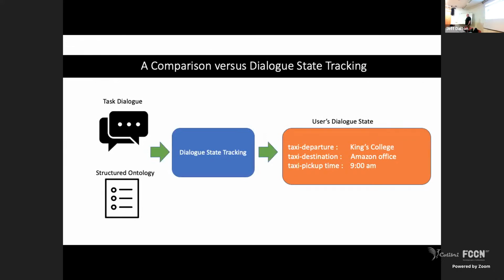I want to contrast that with the state that we don't have in a conversational search system but that you might have in a dialogue system. In a dialogue system, you might have a structured ontology, in this case for taxi booking, and you have frames. So you have a domain, taxis, and you have slots that you have to fill. When am I departing? What's my destination? What's my pickup time?